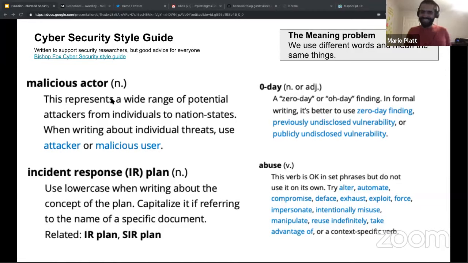So the problem is not necessarily that people aren't using the same terms, because 8 times out of 10, people within the security space may not use the word they're most accustomed with, but they will get what you're getting at.